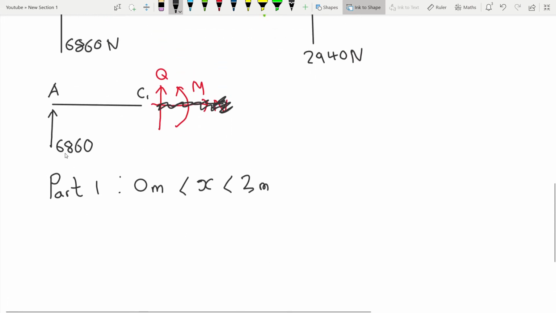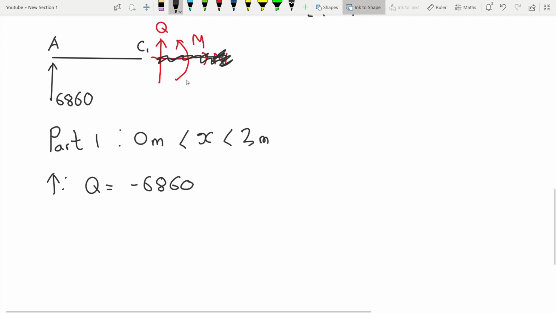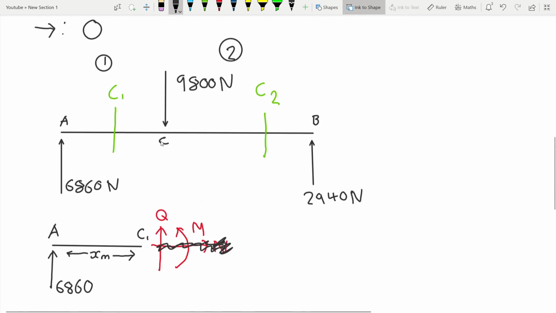Clearly, taking the upwards bit here, Q equals minus 6,860. But we have an internal moment as well, so we're going to take our moment about A. It doesn't matter where we take our moment from. And this cut is x meters along. This cut here can be anywhere between A and C, but not at A or C.